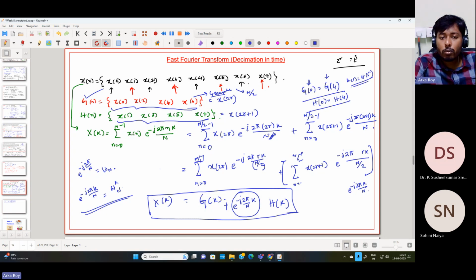So I can just use the upper half, or any of the halves, of G to get G4 and H4. If I have H0, I can use it as H4. So this will reduce the computational complexity, and we'll see how much reduction there is.